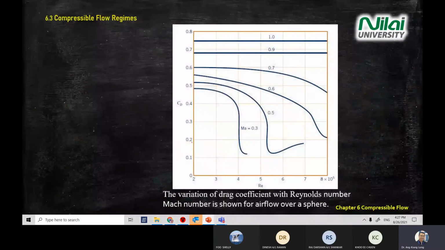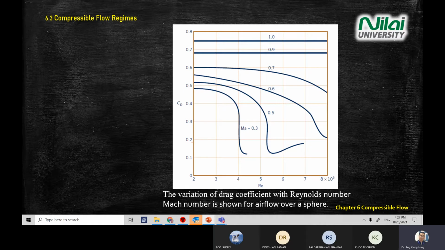Next, we look at compressible flow regime. You look at your screen, you have a chart here. The chart is important, so study the axes. On the left-hand side, the y-axis is CD. Below, your x-axis or horizontal axis is Reynolds number.